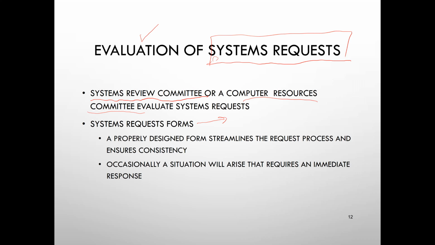But for the system request form, they may have a piece of paper, or it might be an online form as well. You have to fill up what's going on, what you want, and what the priority of this task is. It might be highest priority, regular priority, or low priority, something like that. Because it will help streamline the request process, and also ensure consistency.